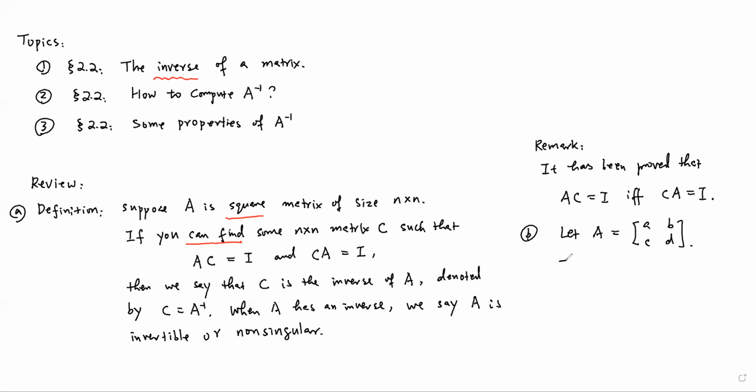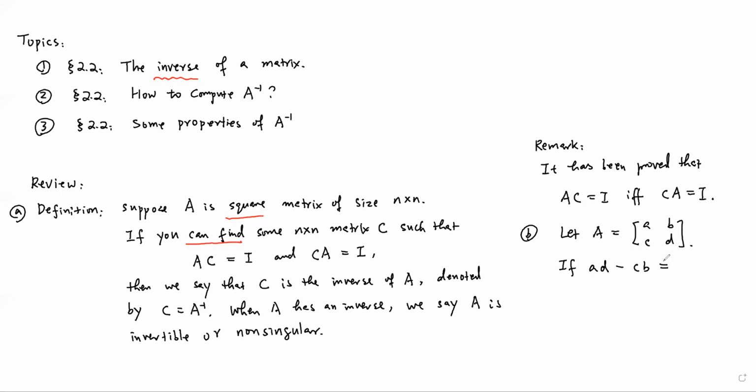Check this quantity: A times D, the product of the diagonal entries, minus C times B, the product of the off-diagonal entries.